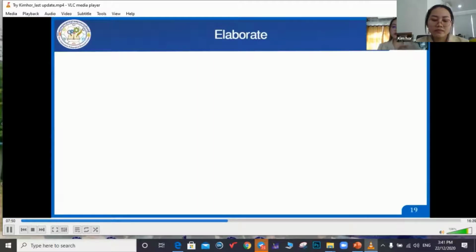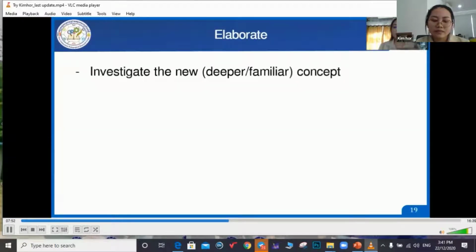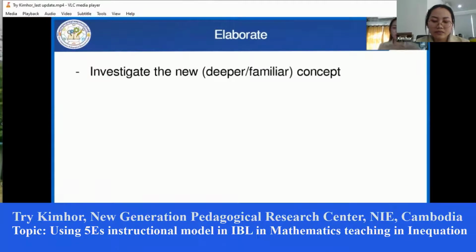Elaborate is where teachers give a new concept for the students to investigate. The concept might be deeper or familiar to the previous concept.